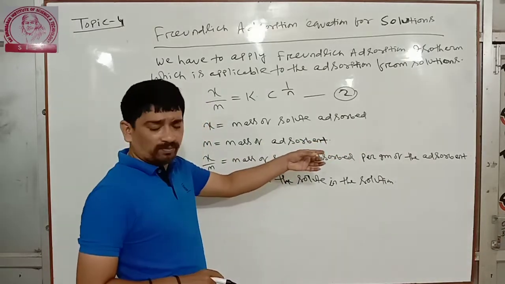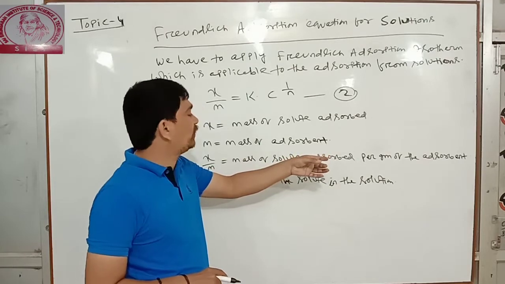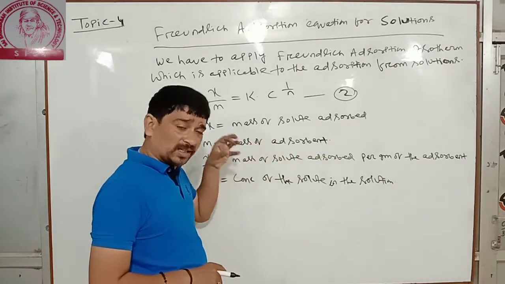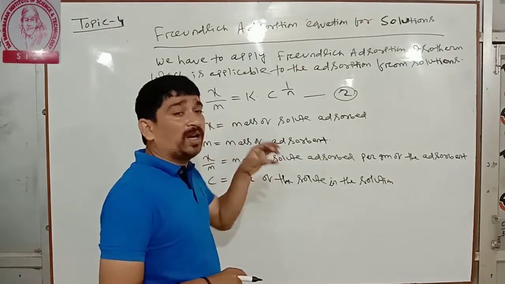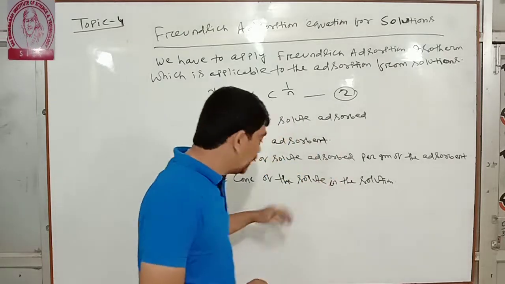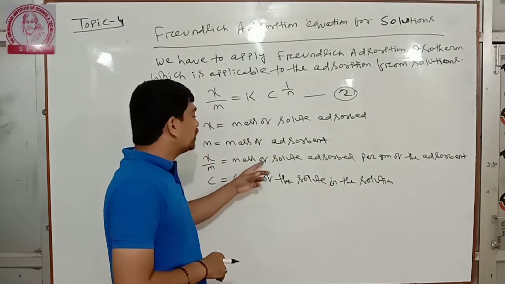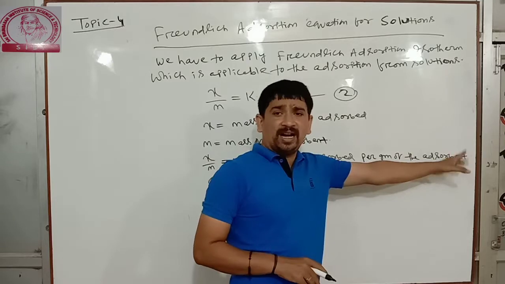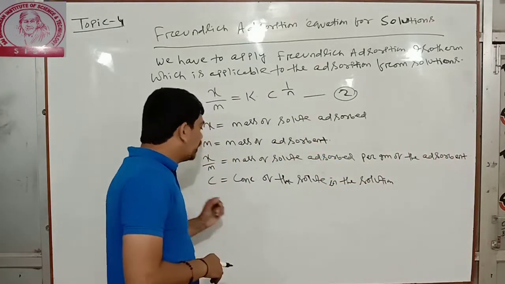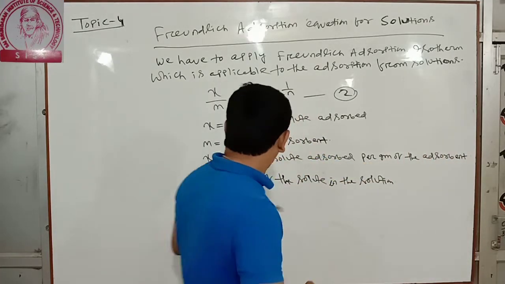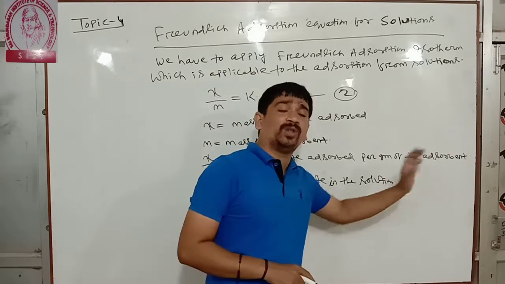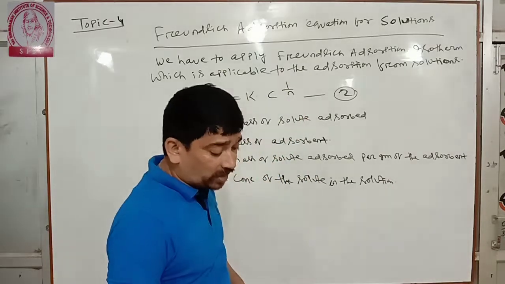Previously it was the mass of gas adsorbed per unit mass of adsorbent. c is the concentration of the solute in the solution.